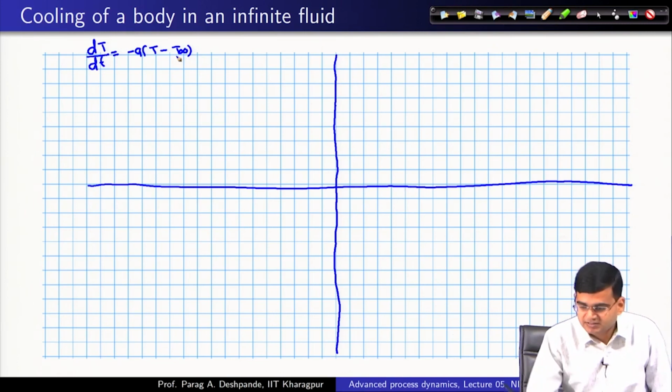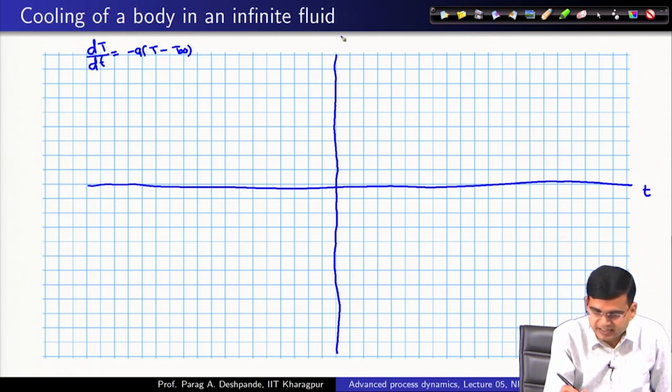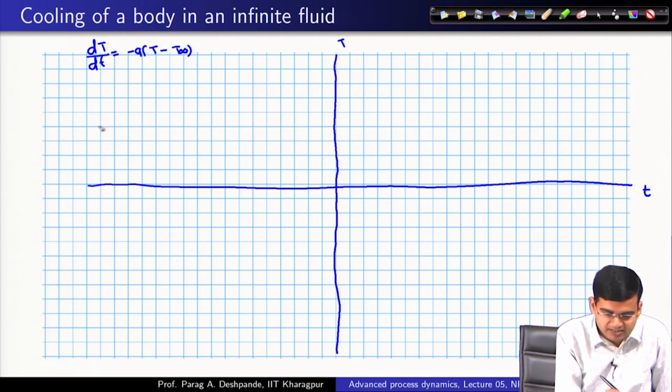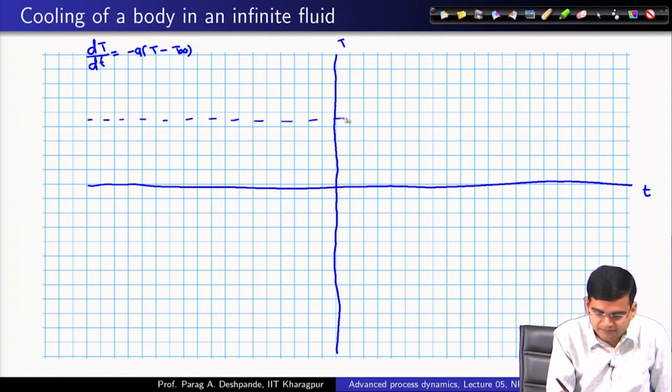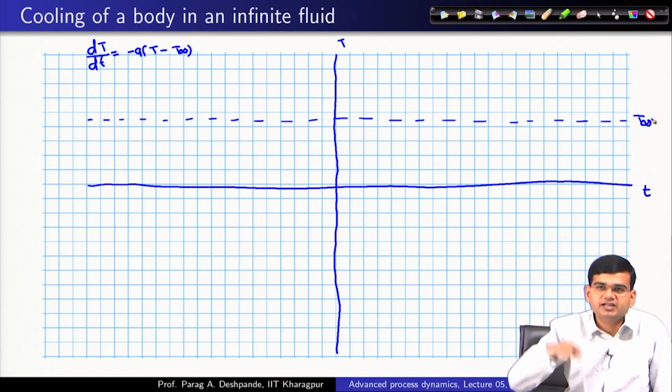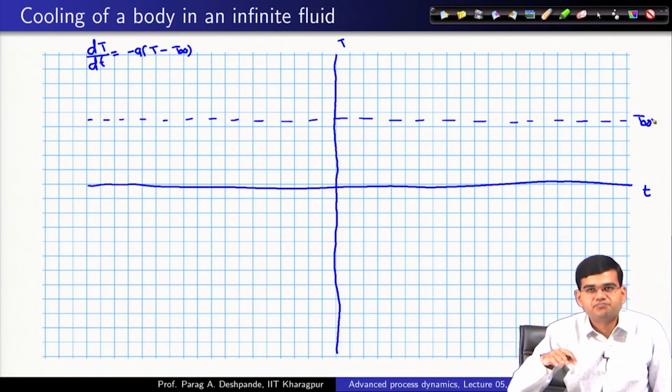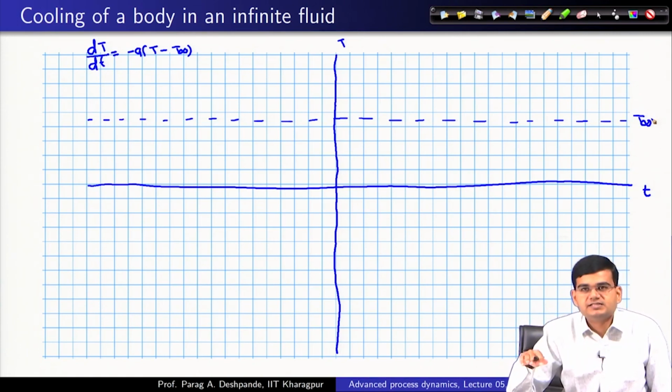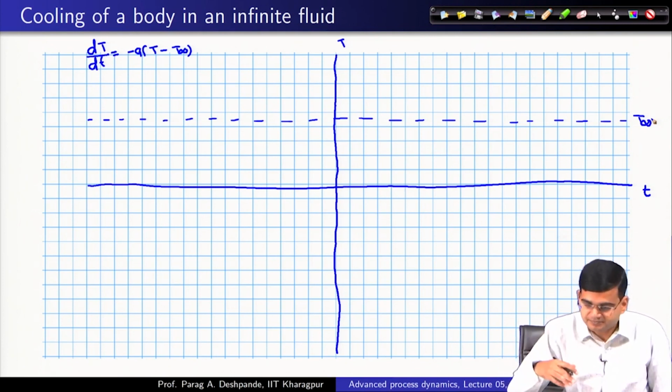I will mark the axis as t and capital T. I will mark the equilibrium solution by this dotted line, and this is going to be equal to T infinity, and in fact, you can put T infinity anywhere on this plane. Okay. So, all the axes which are parallel to the time axis can in fact be T infinity subject to the condition that they are physically realizable.